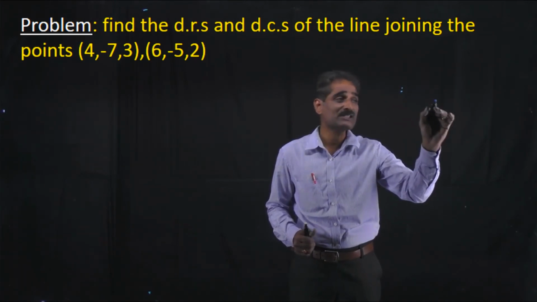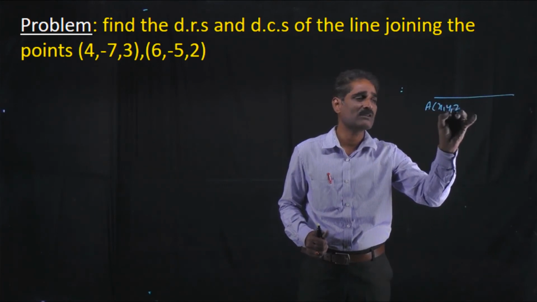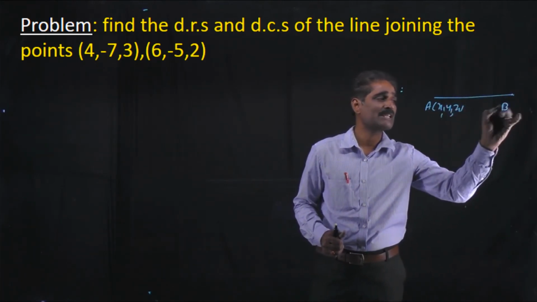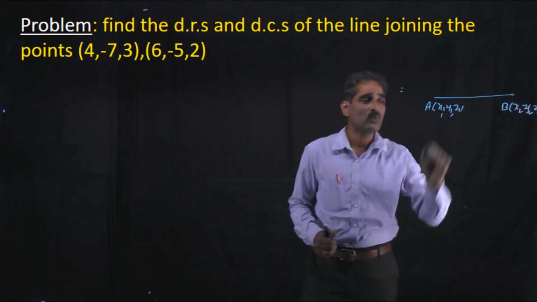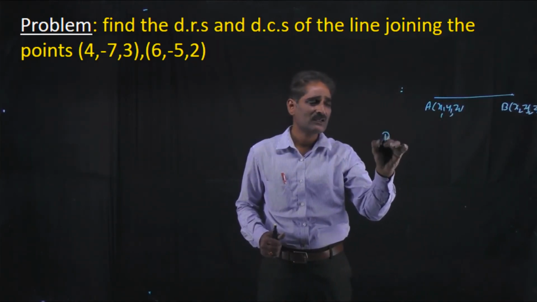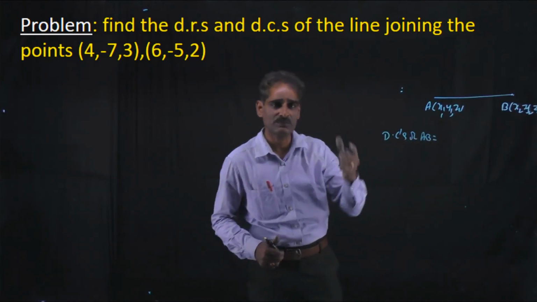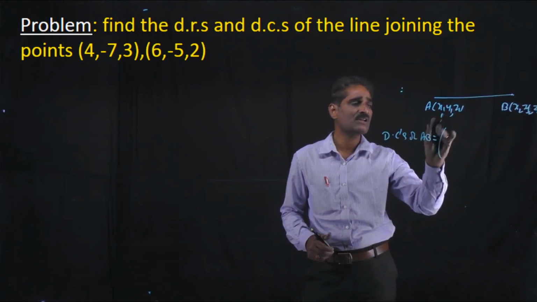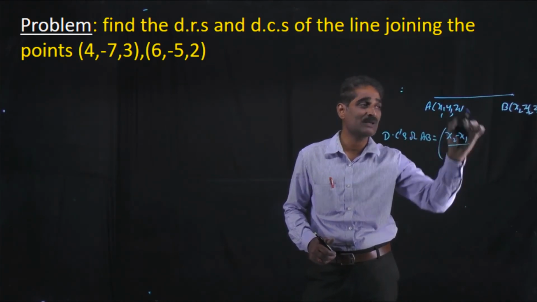A line passing through 2 points, A (x1, y1, z1) and B (x2, y2, z2). What about the DCs of AB? We already proved in the previous session that the DCs of the line passing through these 2 points are x2 minus x1 by the length of PQ.